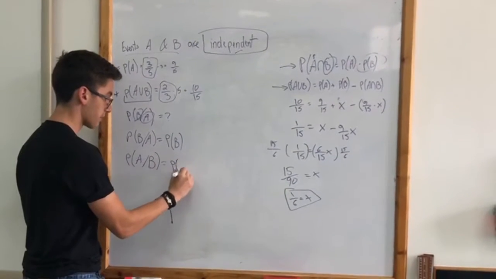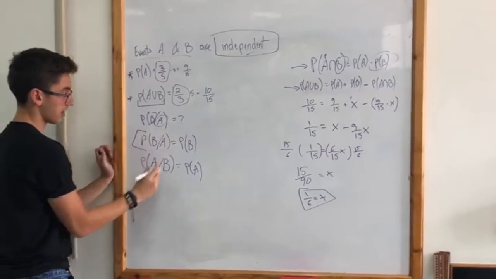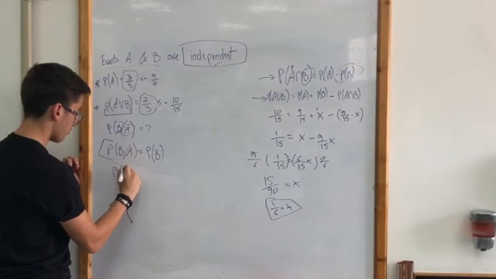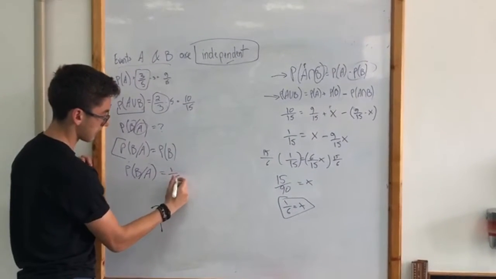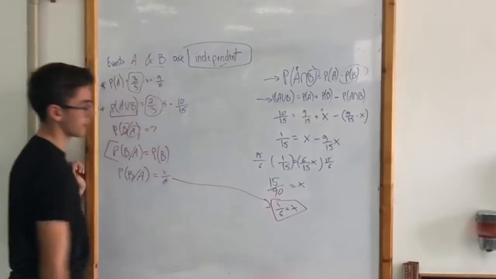But since this is the question they asked, you can just say the probability of B given A is just 1/6, which is the answer you got from X.